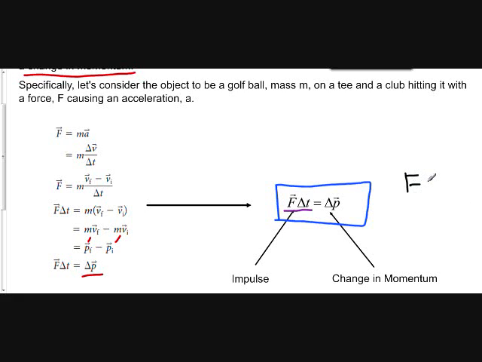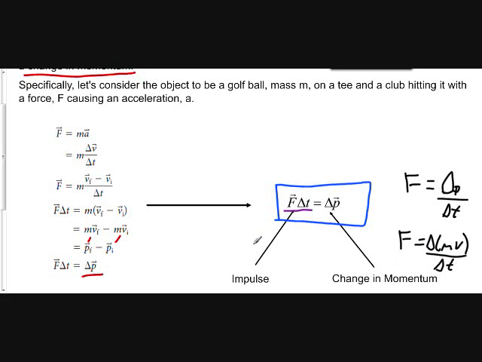One of the neat little things here, a bit of an aside: if we rearrange this and write it as F equals delta p over delta t, and delta p is m delta v, then more generally I should write that F equals delta (mv) over delta t.